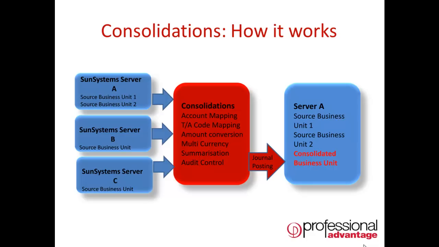The journals that it posts will be at exactly the right summary level and in the right structure required for you to then report on them. This means the reports generated from that consolidated business unit would be quick, accurate, and at the level required. There will be less number crunching in this report generation, and you will be sure that the underlying data directly supports the results in your report.